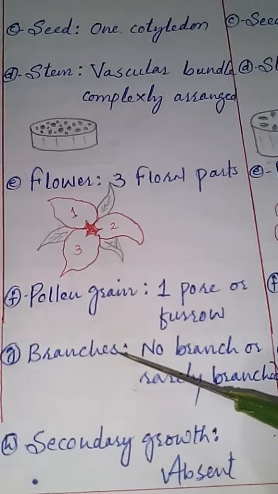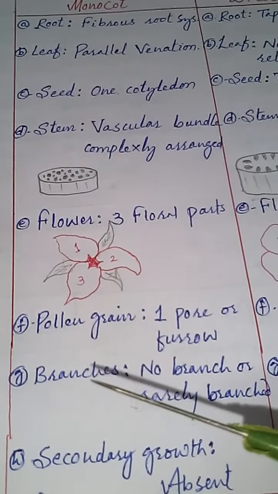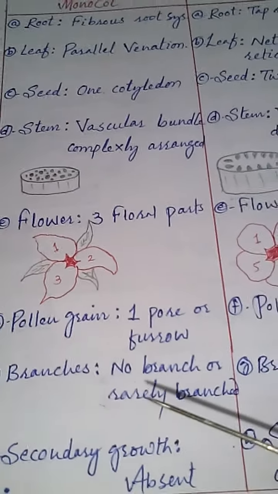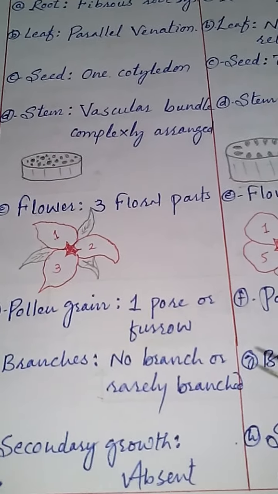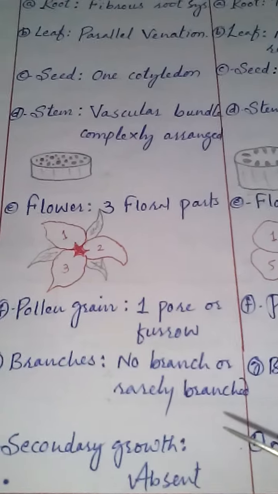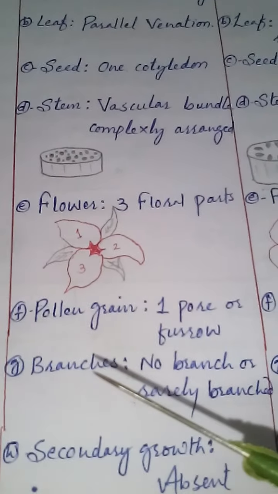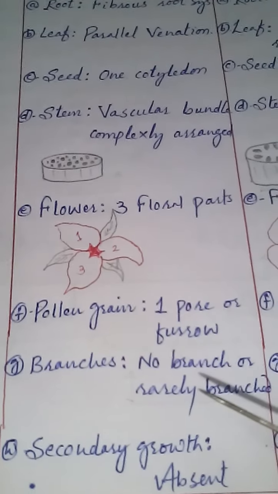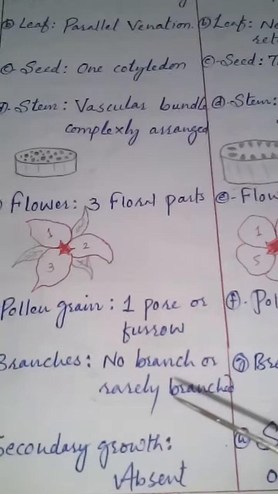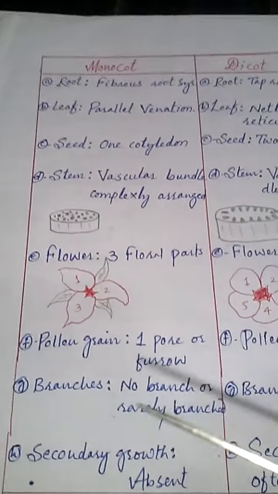regarding the branches. The monocotyledonous type of plants usually have no branches, or rarely you will see monocotyledons with branches. So branches in monocotyledonous plants are either rarely present or there will be no branch at all.